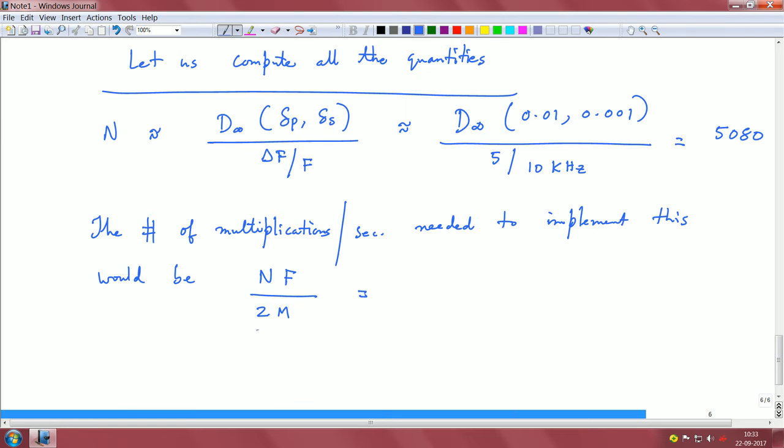I am bringing in this factor 2, I think you can question why. Possibly by exploiting filter symmetry or other properties. So, assume you can do something clever.